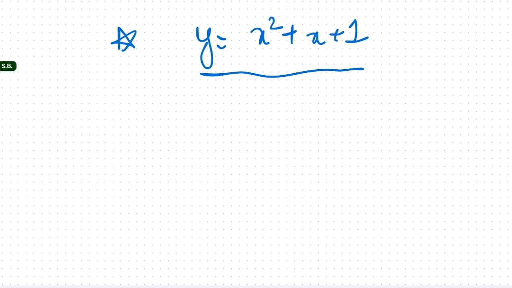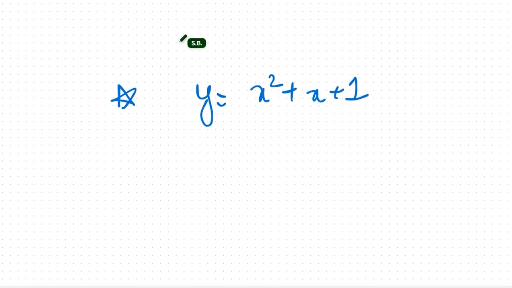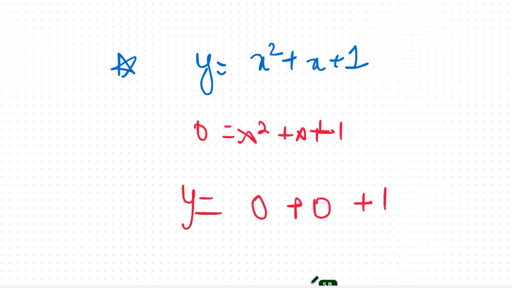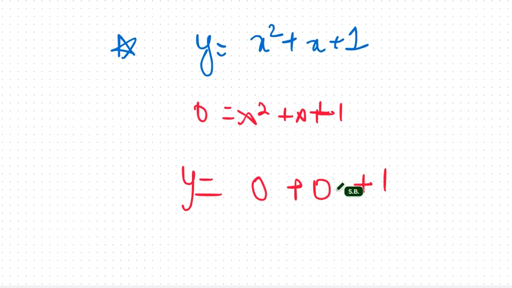If I give this quadratic equation at random, quadratic function, what is the x-intercept or y-intercept? How to find intercepts in general. So y-intercept is 1, right?